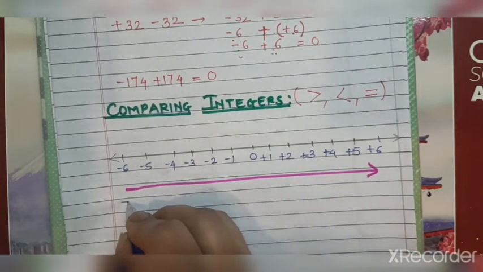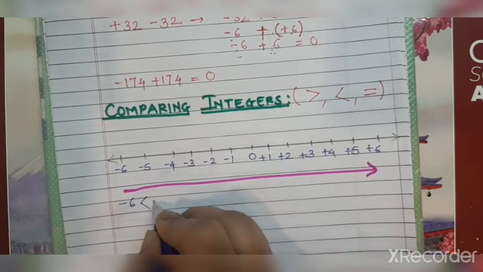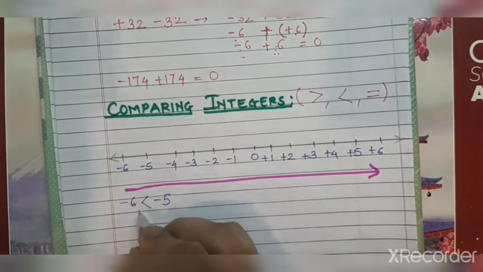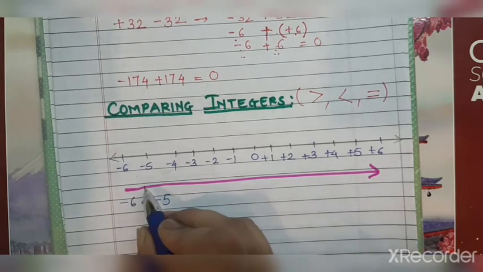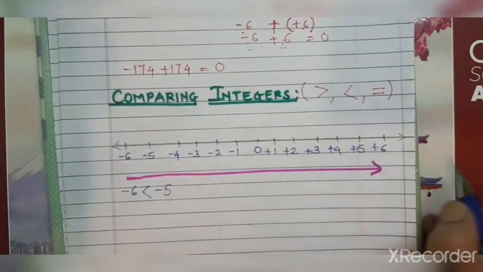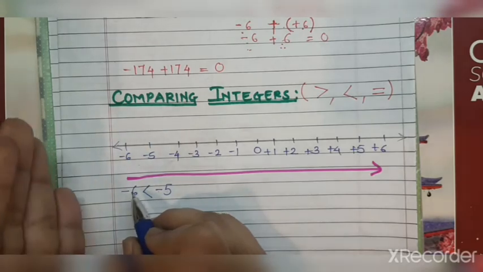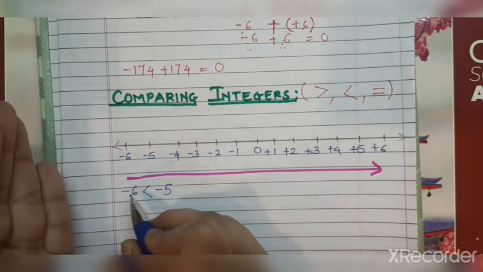So minus 6 is less than minus 5. Minus 5 is greater than minus 6. As I told you, the value goes on increasing as you move towards the right, from left to right. So the numbers which are towards the left are less in their value.